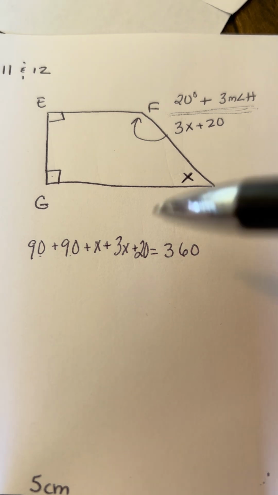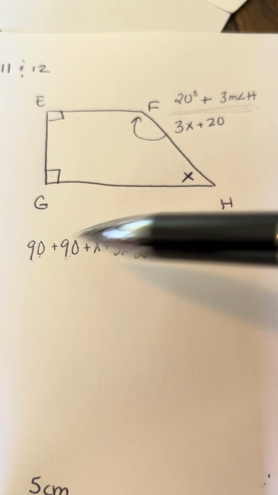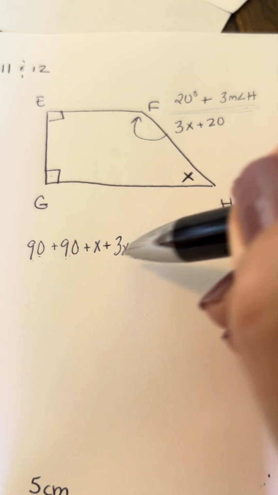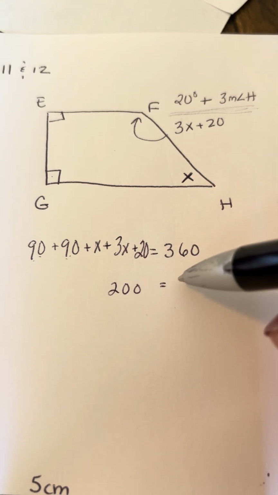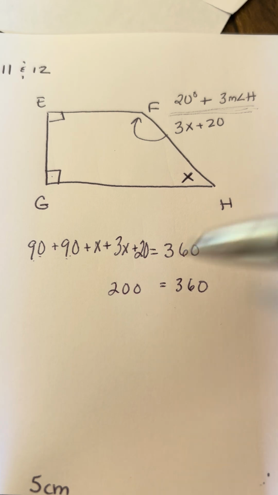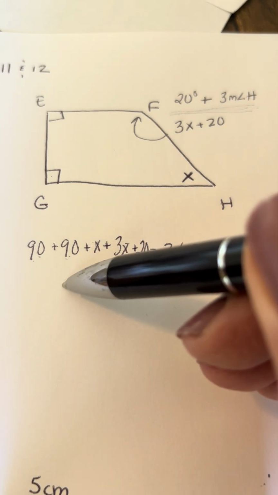So now it's my job to solve this algebraic equation. I've got 90 plus 90, which is 180, plus 20, 200. And then I've got 3x and x, so that's 4x.